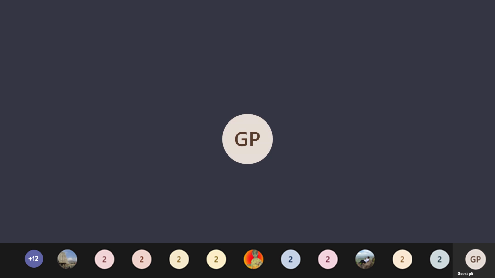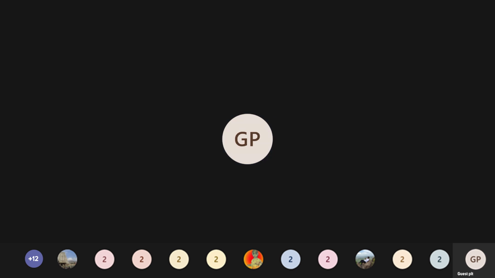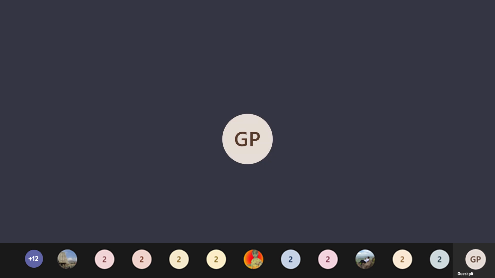Then we move on to the practical problems, tutorial problems associated with this PN junction diode.